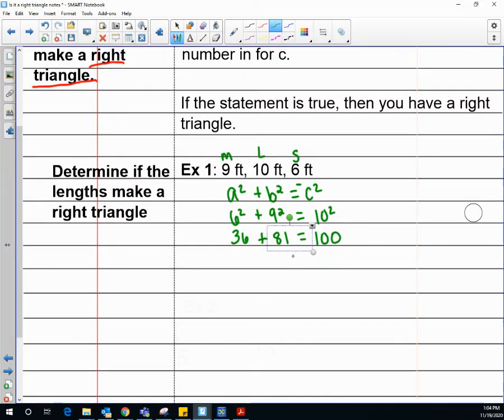You can type this straight into Desmos. Adding up 36 and 81, we get 117. Does that equal 100? 117 does not equal 100. So this is not a right triangle.